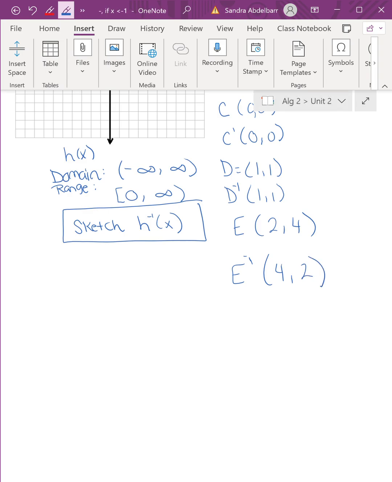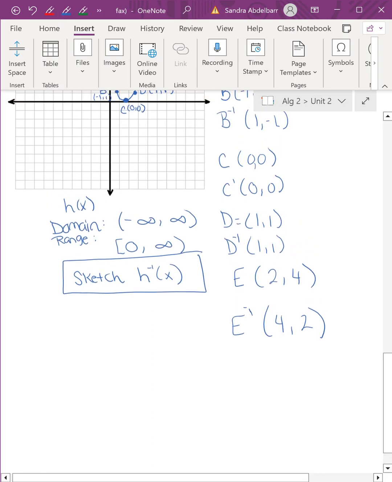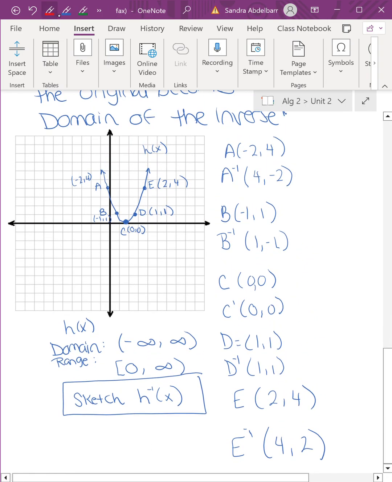I'm going to go ahead and plot these points to see what it looks like. So we have A is negative 2, 4. Oh, sorry.